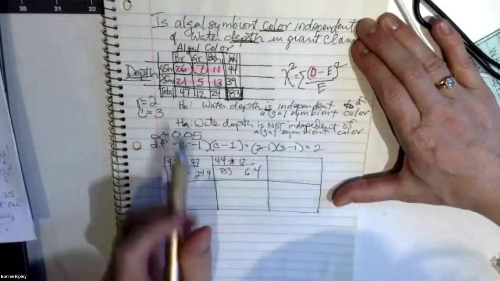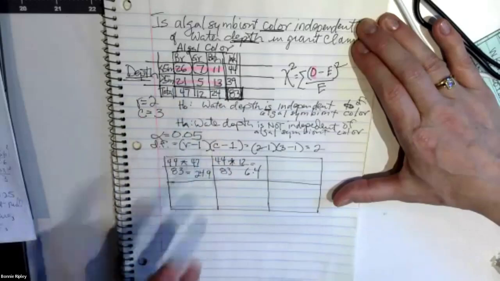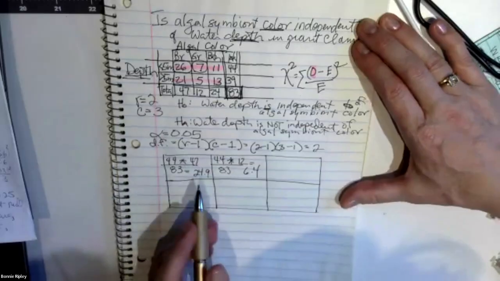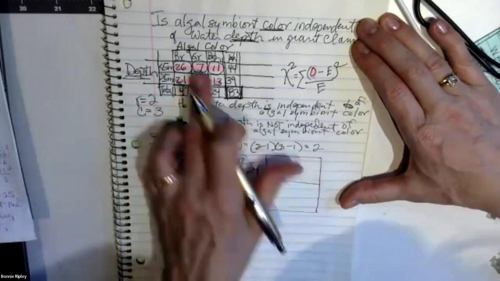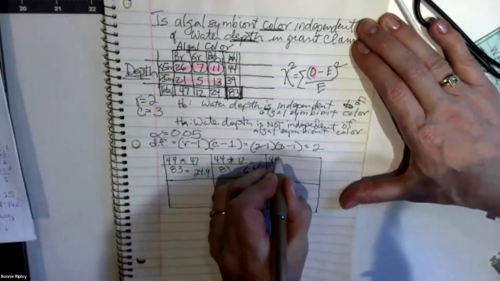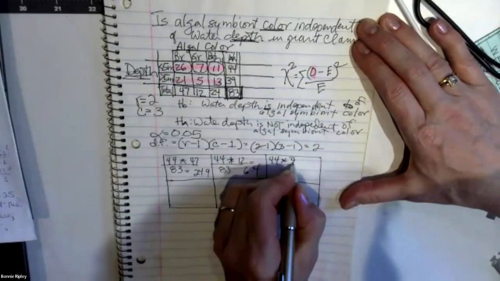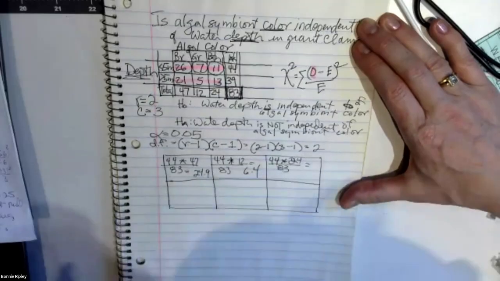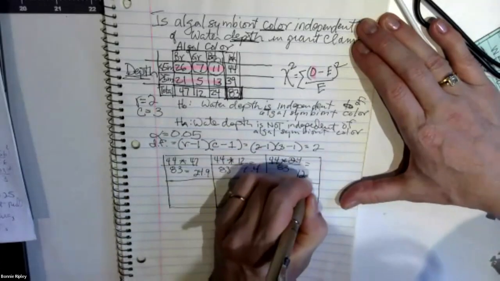As you start to make the calculations, you can see whether your expecteds are kind of matching your observed. So far, they're close. Then I'm going to do the third one across: 44 times 24 over 83, and that equals 12.7.